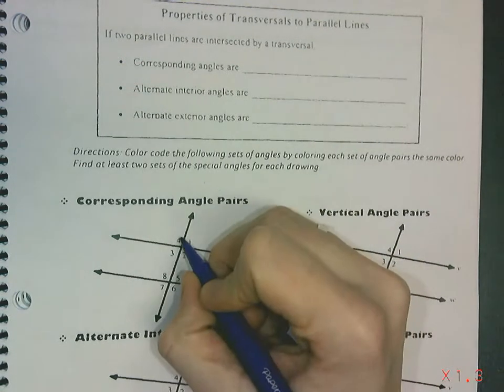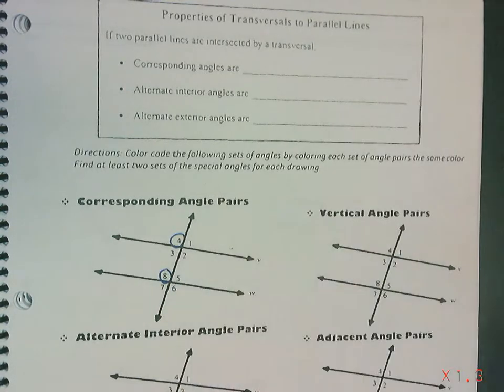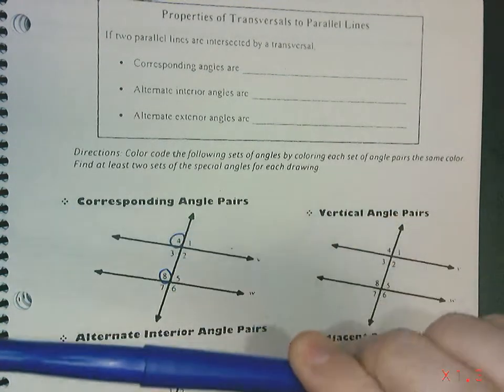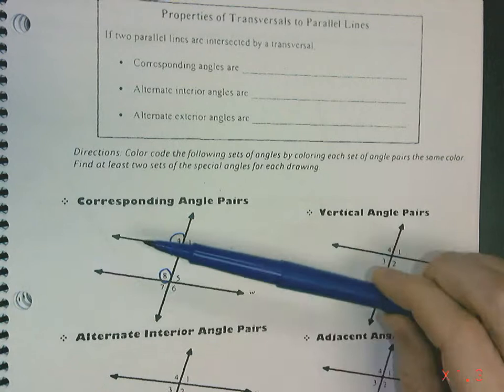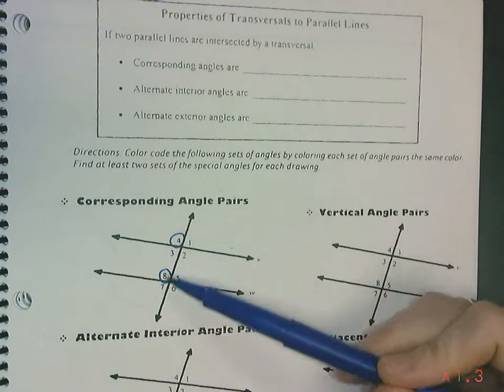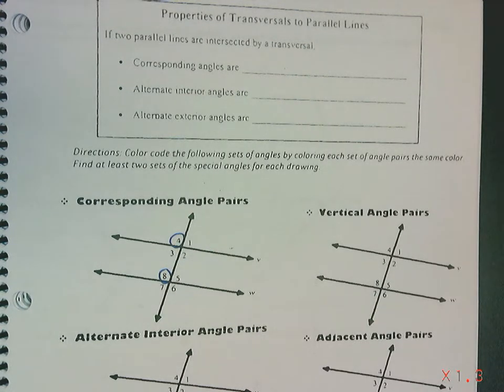So for example, angle number 4 and angle number 8 are corresponding angle pairs. If we were to pick up this line V right here and we were to put it on top of W, 4 and 8, they would be right on top of each other.